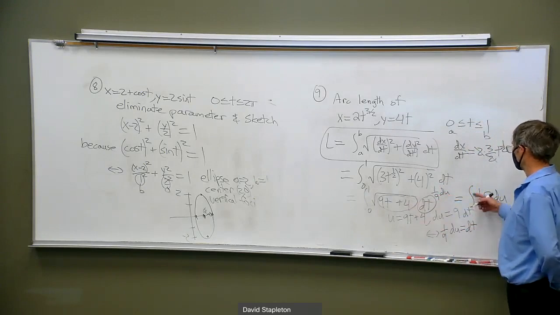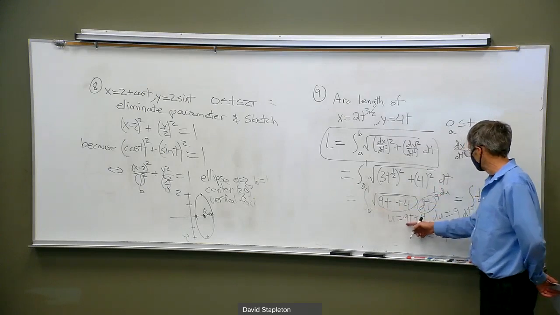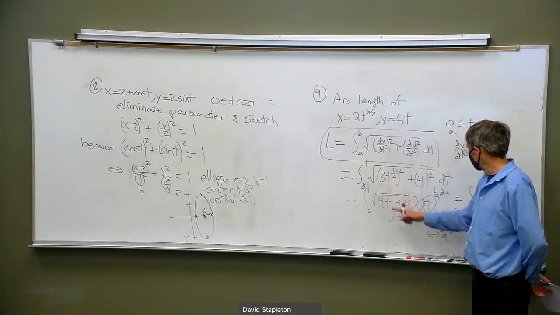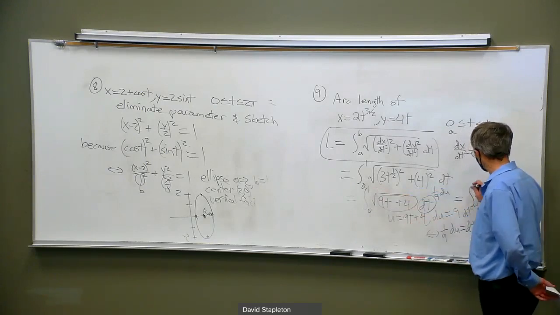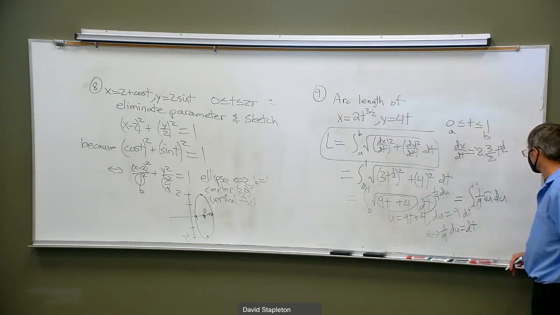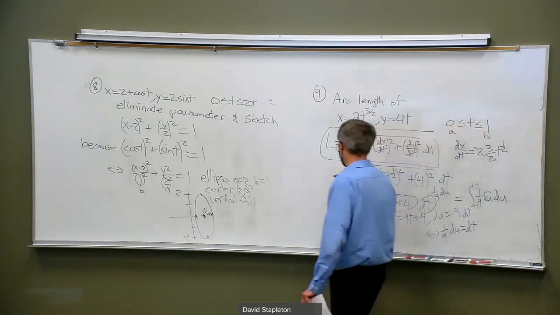And now u doesn't go between 0 and 1. When t equals 0, u is 9 times 0 plus 4, which is 4. When t is 1, u is 9 times 1 plus 4, which is 13. So the integral now goes from 4 to 13. Well, this is an easy integral. The 1/9 comes out.